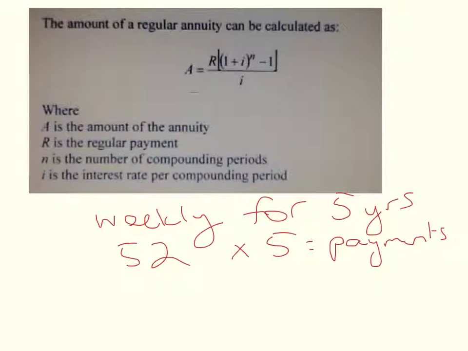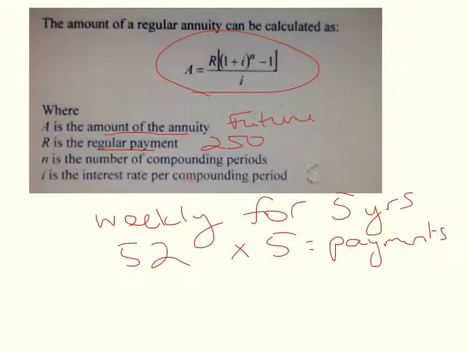So the formula is here, A, which is the amount of the annuity, so the future value of the annuity, has a worth of R, which was the regular payment, so we had just done that as $250. And we take that and we say the regular payment times, so this is all in brackets, and then a smaller bracket, 1 plus I being the interest rate per compounding period.